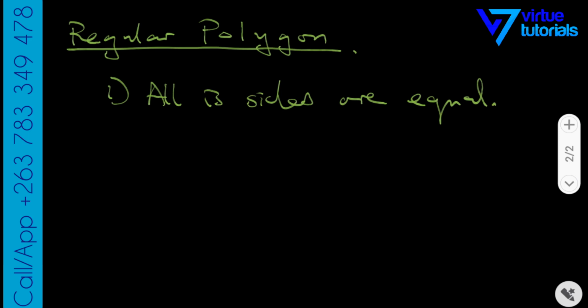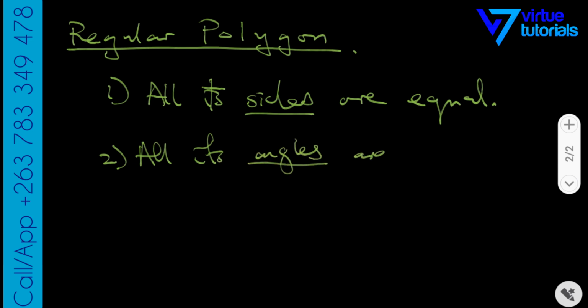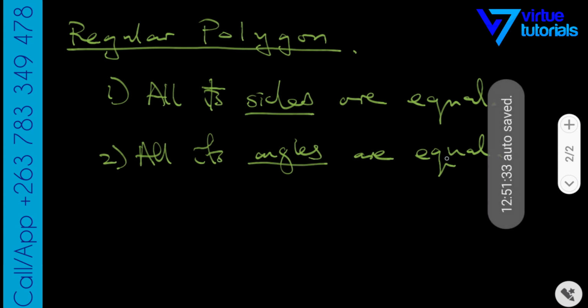It also follows that all its angles will be equal. So a regular polygon has all sides equal, and it also has all angles equal.